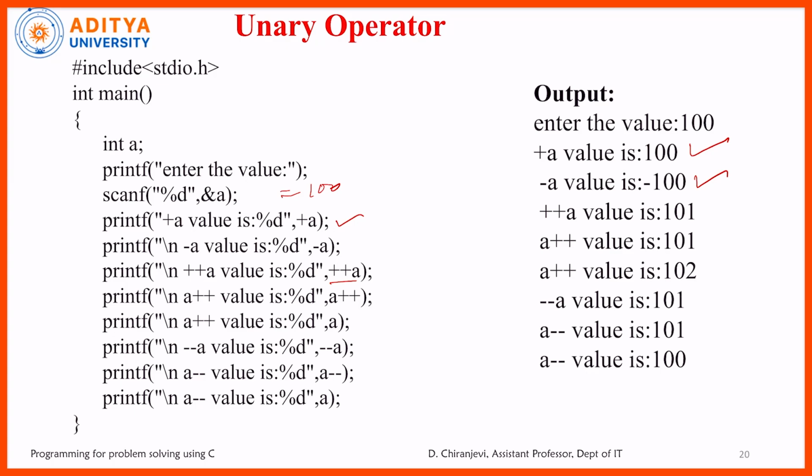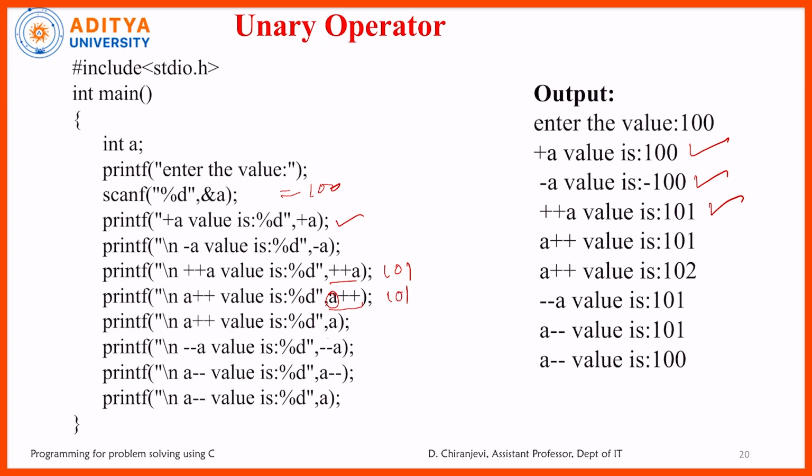So ++a means it will add 1 to the a value. So a value 100 plus 1, so you get 101. And a++, in this case it will print only the a value, so that is 101 only. After that the a value will be updated in the next operation.